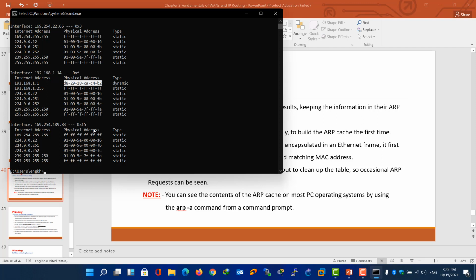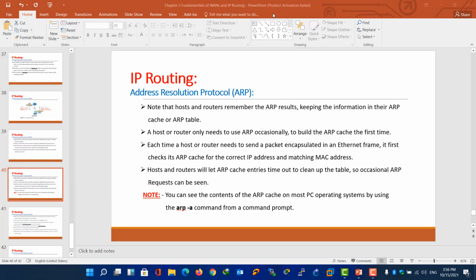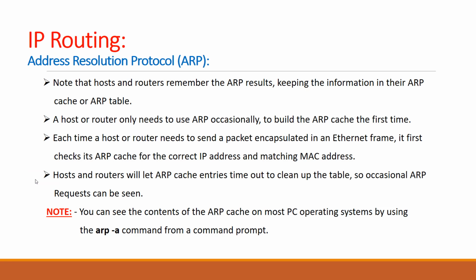So when my computer, my host or my PC, needs to send to outside hosts as a destination, it will not send an ARP request because it has the destination MAC in its cache. Let's resume the presentation and the demonstration.